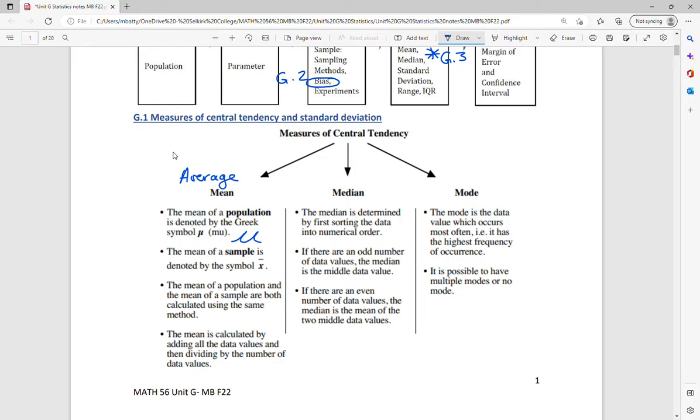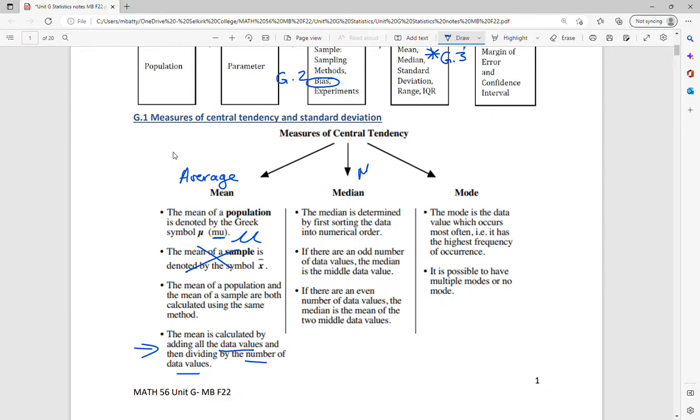It looks like a scripty or cursive lowercase u, but it is a Greek letter and it's pronounced mu. We're not going to be dealing with that one so much, and really because their average is calculated in the same way. You add up the total of all the data values and divide by the number of data values. So we'll practice that on the next page.